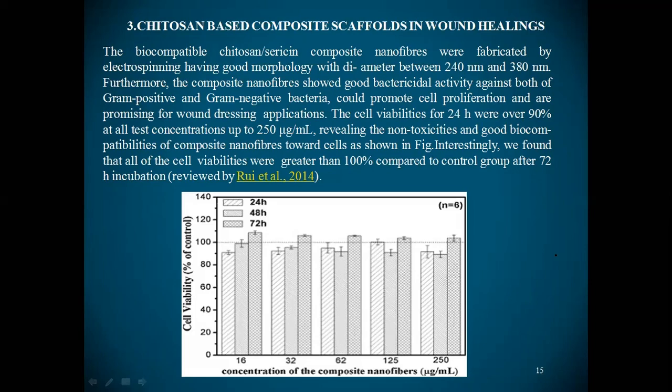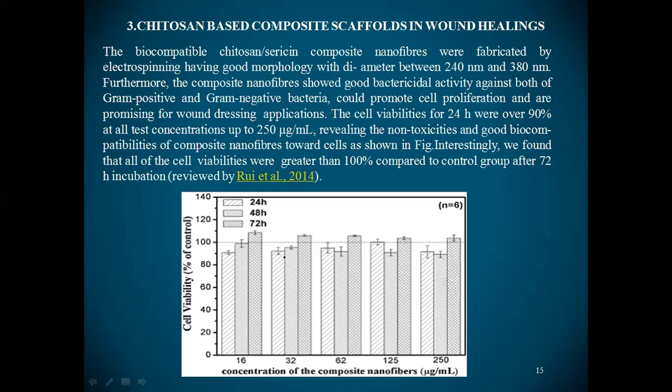The prepared chitosan and serine composite nanofibers have a diameter between 240 to 380 nanometers, and show antibactericidal activity against both gram positive and gram negative bacteria. In this, the gram negative or gram positive cell viability shows more cell viability control.